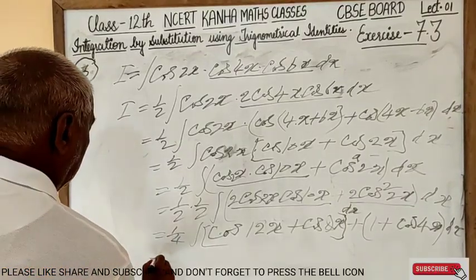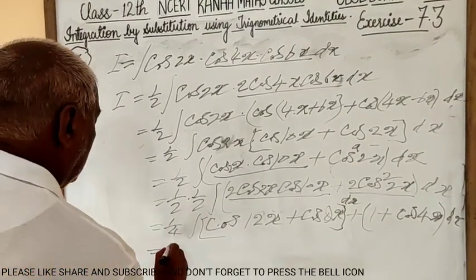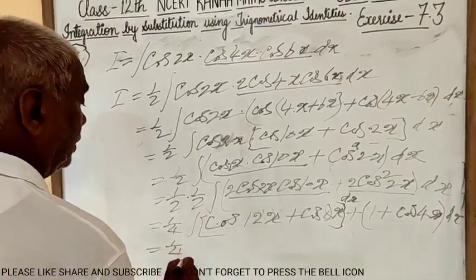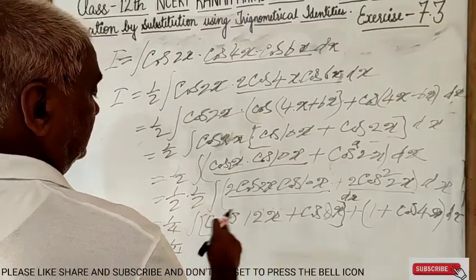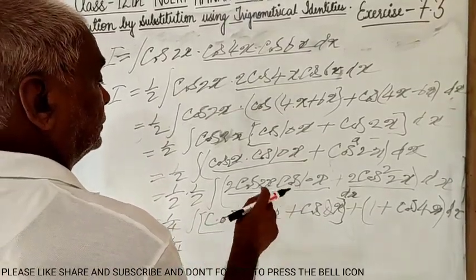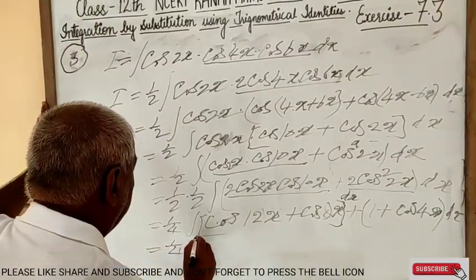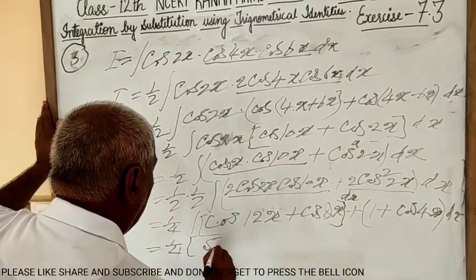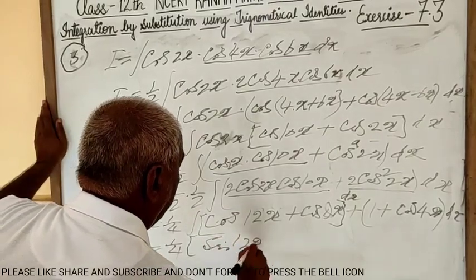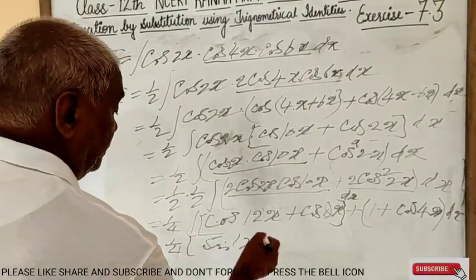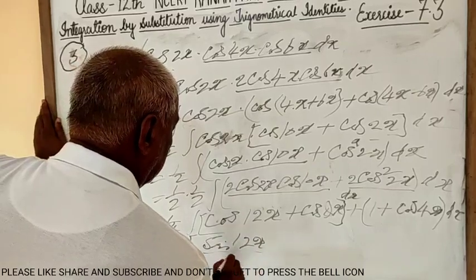Here we will write 1 upon 4 cos 12x. The integral of cos 12x means sin 12x, and what about the derivative of 12x? This will be 12.